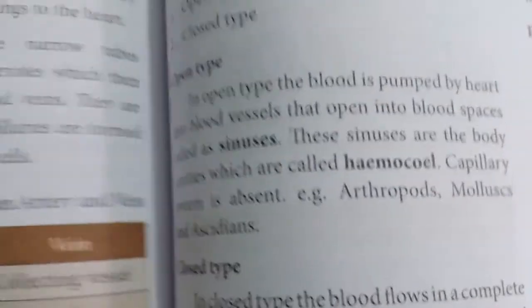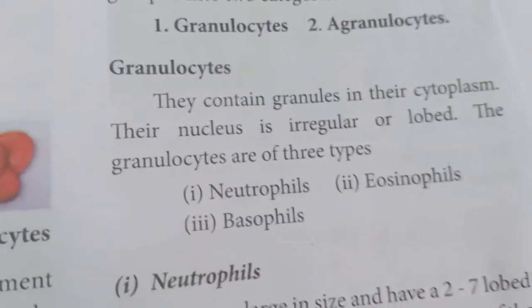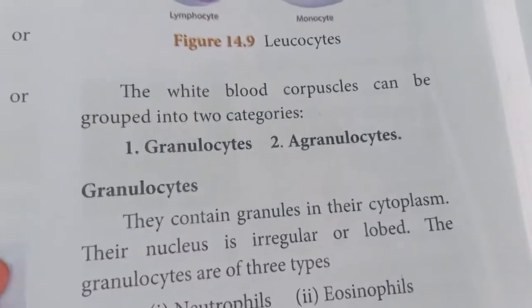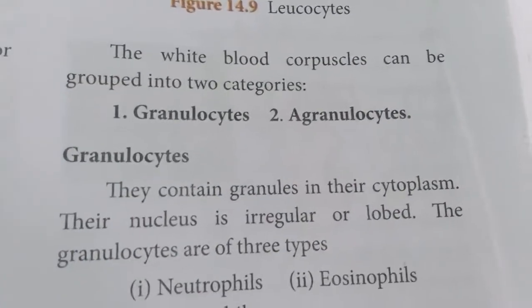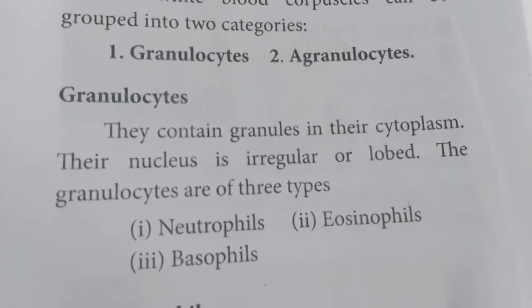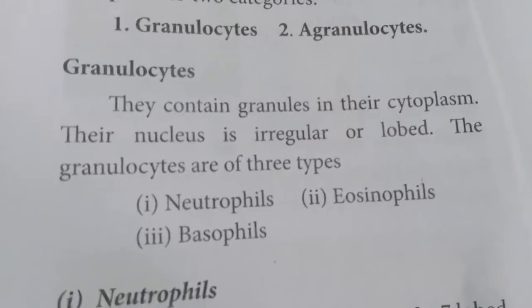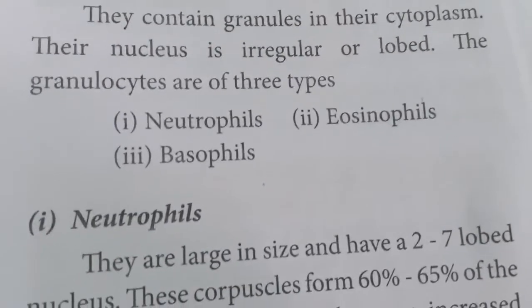You can also see that in your textbook. In the textbook, you will find a little bigger one. You will find here the granulocytes. The white blood corpuscles can be grouped into two categories: granulocytes and agranulocytes. Granulocytes consist of granules and the nucleus is irregular.